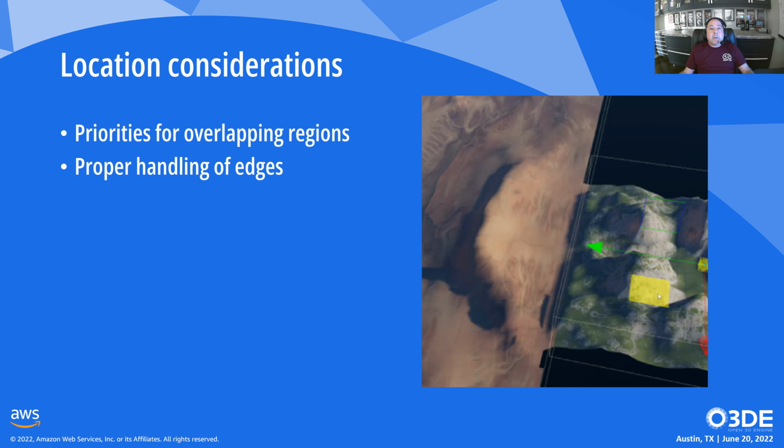So far, our solution for both terrain and vegetation has been to use priority fields on our data, so that way you can specifically say which one takes precedence. But even with that, if you have overlapping regions of the same priority, the results still become non-deterministic. The other surprisingly tricky piece is how to handle edges.